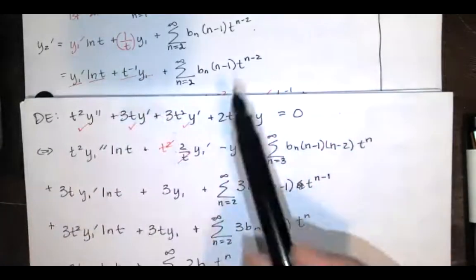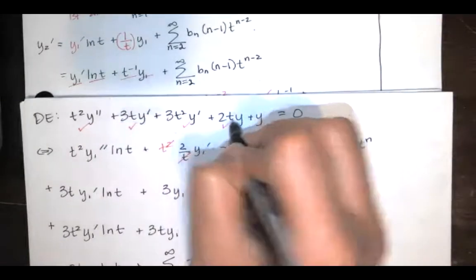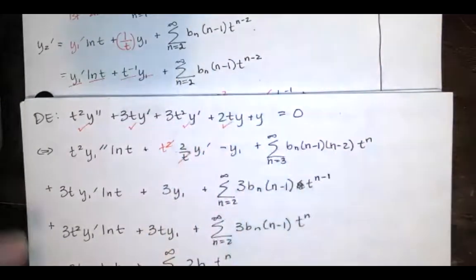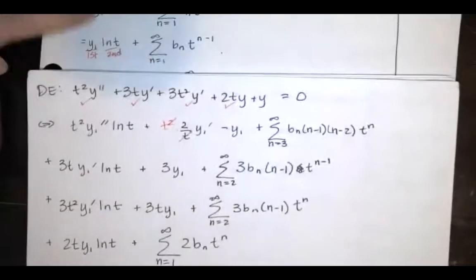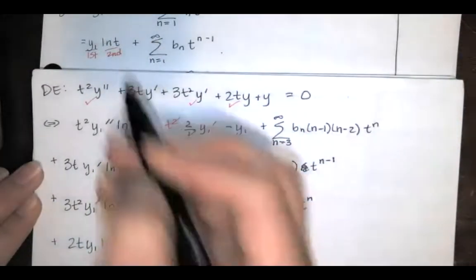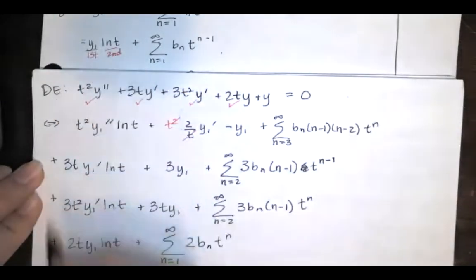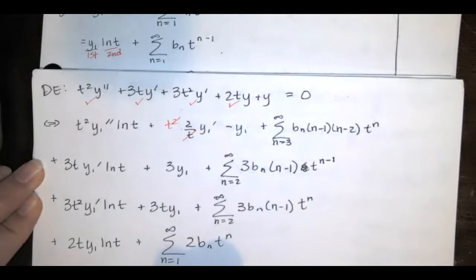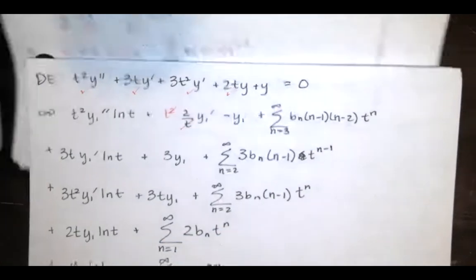Okay, so that's 2t times y. And then I want to just add y onto this as well. So I have y sub 1 times natural log of t plus this sum as n goes from 1 to infinity of b sub n times t to the n minus 1 equals 0.